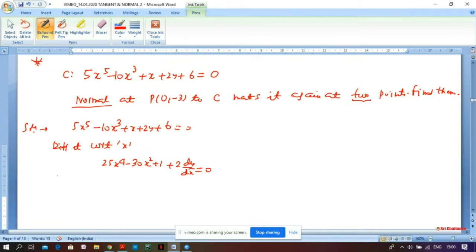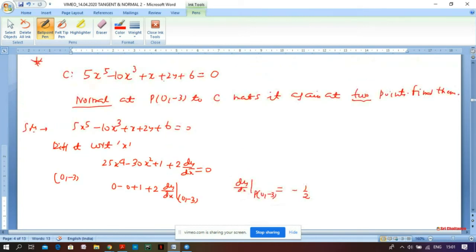And if you evaluate this at the point (0, -3), this all will become 0, 0, 1, and plus 2. So you will get dy by dx at that point P, which is (0, -3), that gives you negative 1 over 2.